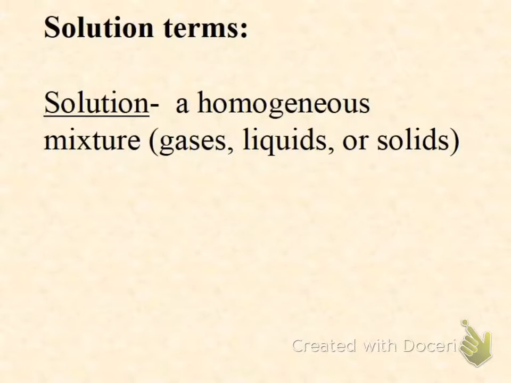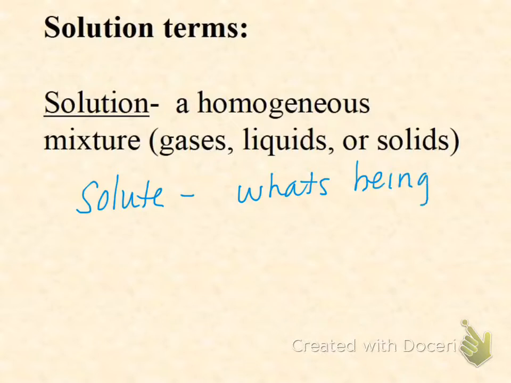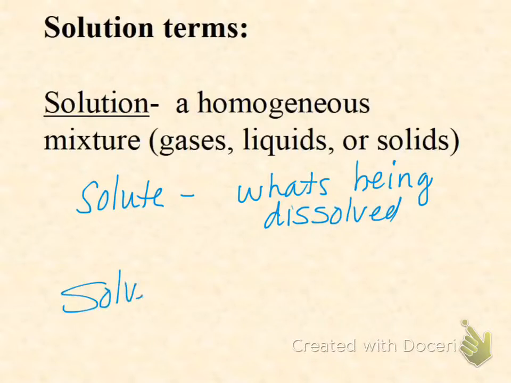One of the things we need to add to this is to say that within a solution you have the solute, which is what's being dissolved, and it will be present mostly in the lesser amount. And then we have the solvent, and it's what's doing the dissolving, or what it's dissolved in.